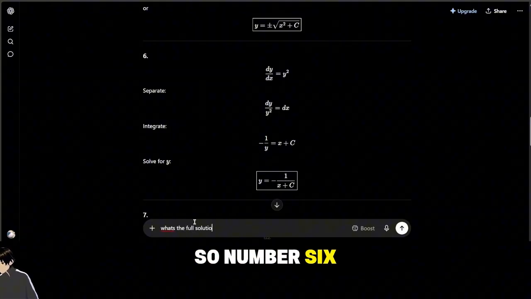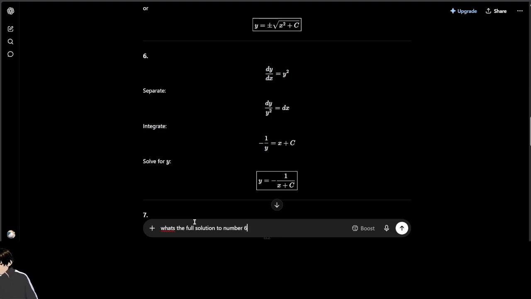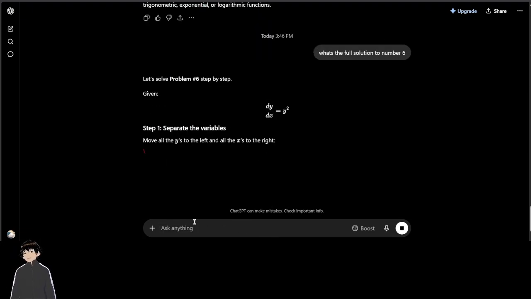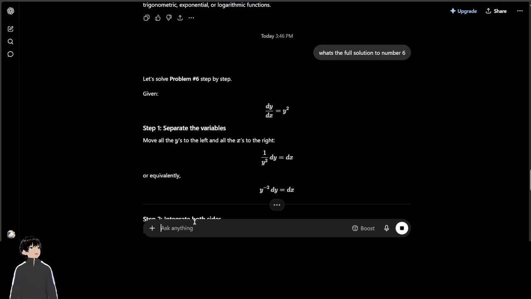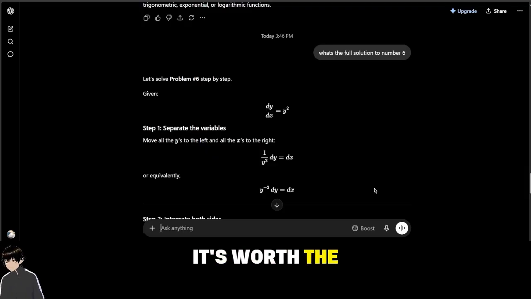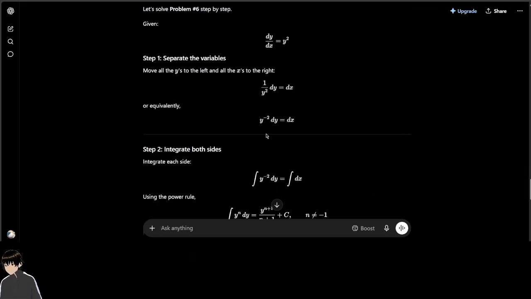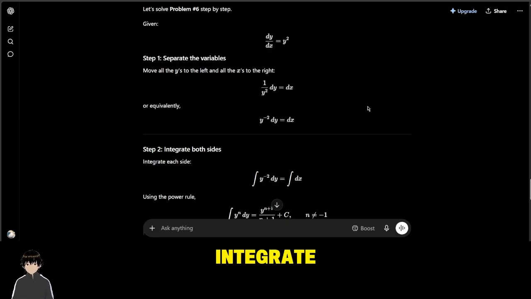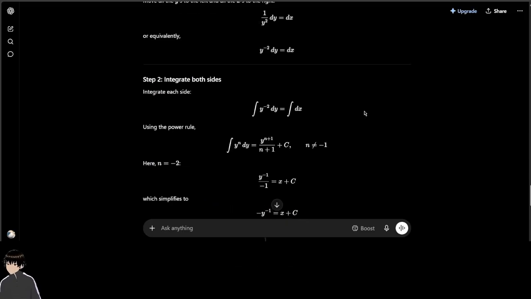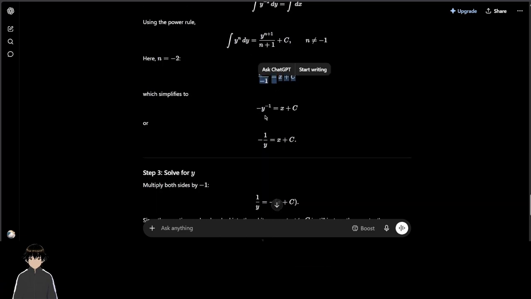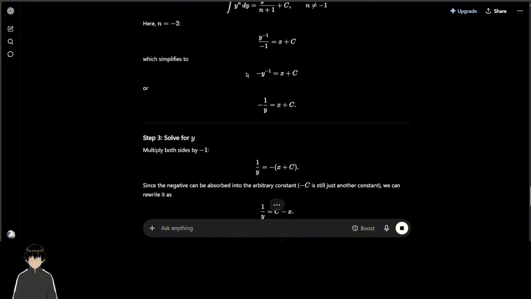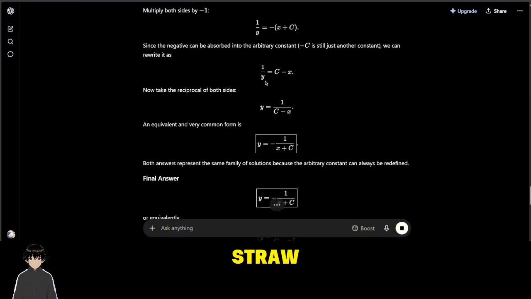So number 6. Sort the variables. Integrate.